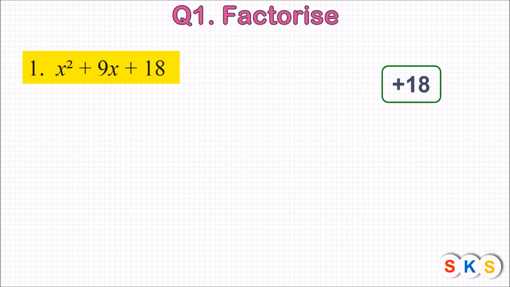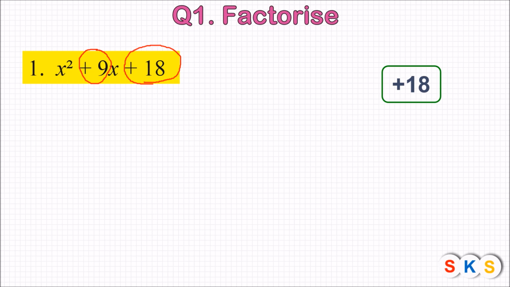Now we will find two numbers such that when you multiply those two numbers, you should get plus 18, and when you add those two numbers, you should get plus 9.